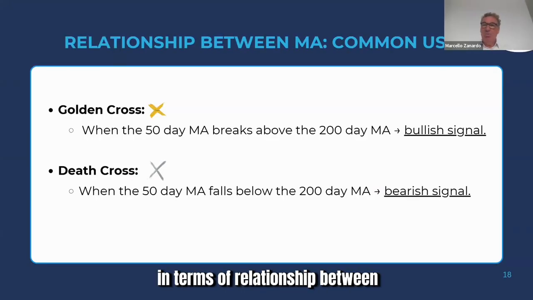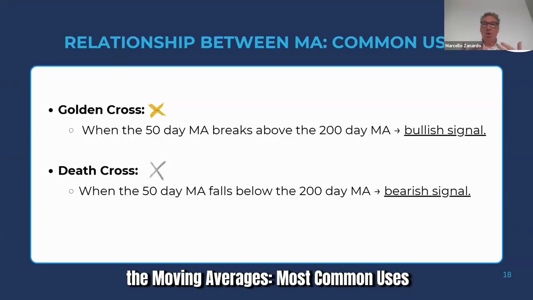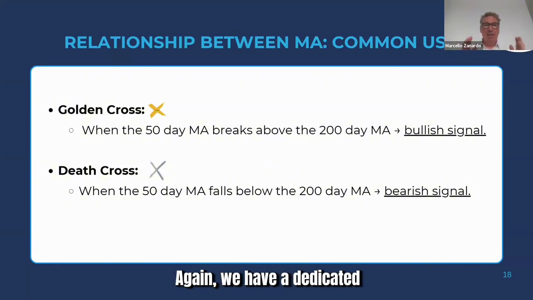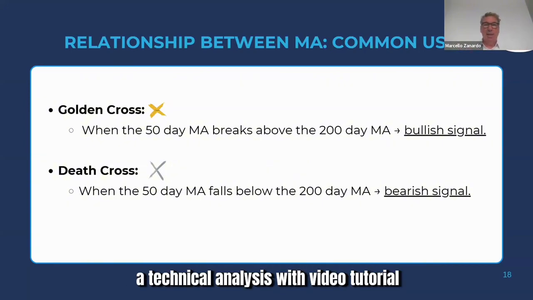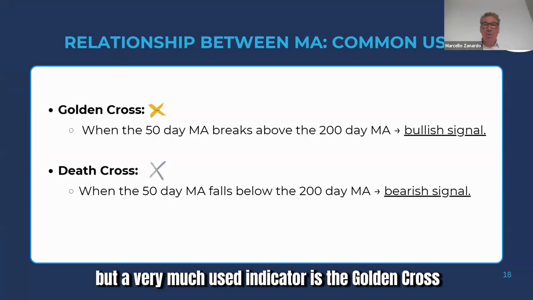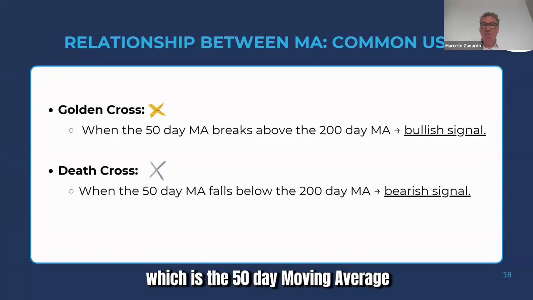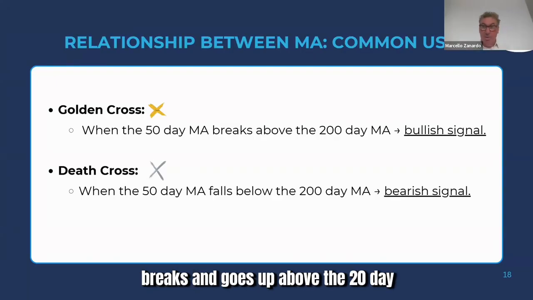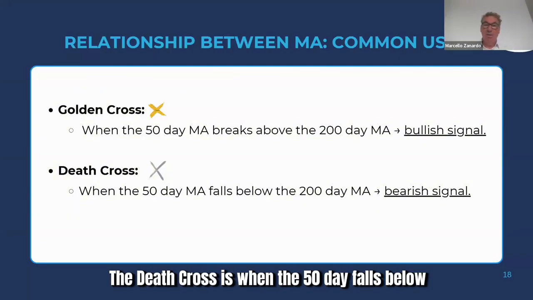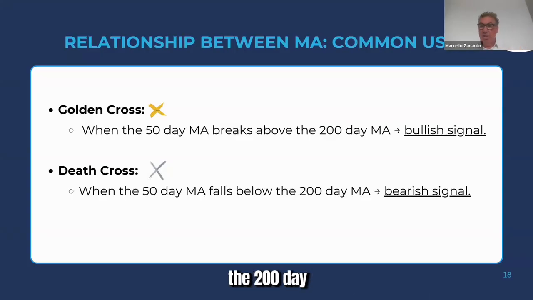In terms of relationship between the moving averages, most common uses, again, we have a dedicated technical analyst with video tutorial, but a very much used indicator is the golden cross, which is when the 50-day moving average breaks and goes up above the 200-day. This is considered a bullish signal. The dead cross is when the 50-day falls below the 200-day.